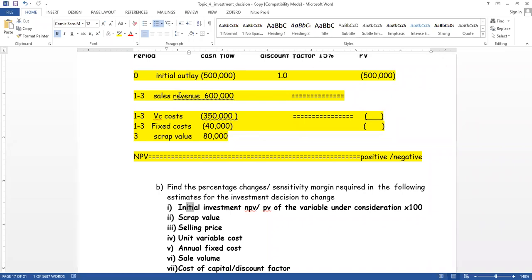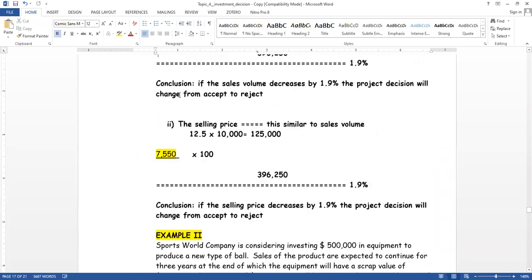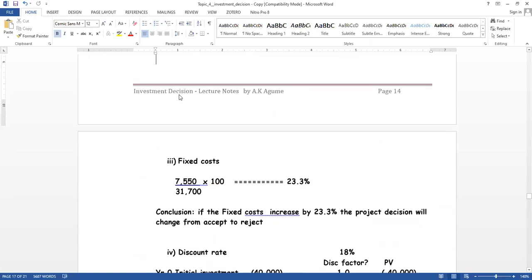So basically for costs, for outflows, when you're concluding, look at them if they are increasing, but for inflows, if they decrease, then it may have an effect on your decision. And remember, we say that the lower the sensitivity margin, the more sensitive. Like in the previous example, you saw when you computed the sensitivity margin for each of these variables.